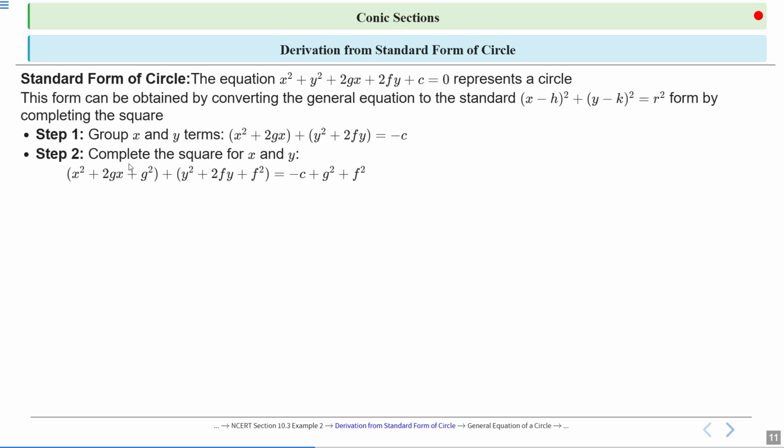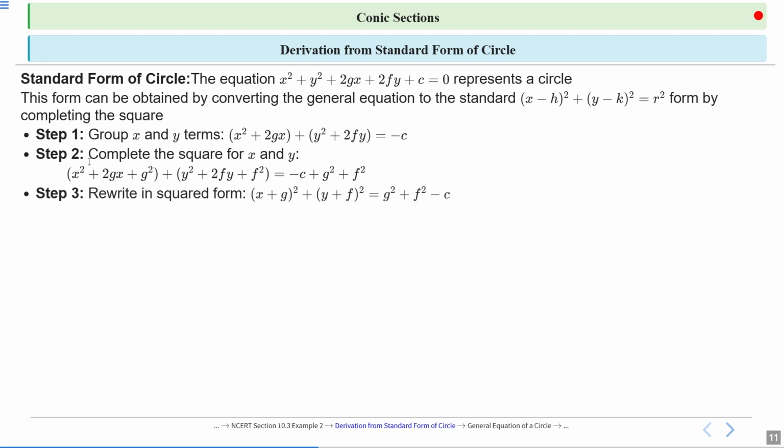So now complete the square for x and y. Which formula can you apply now? You can use the identity a square plus 2ab plus b square equal to a plus b whole square. Apply this identity and you will obtain this equation.